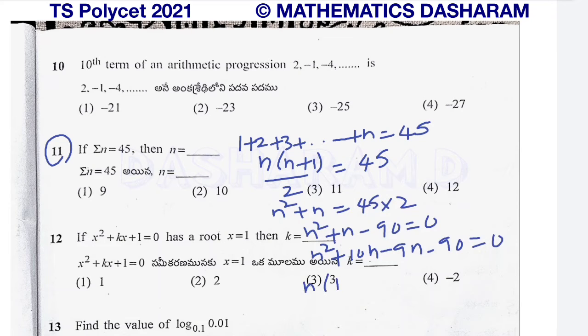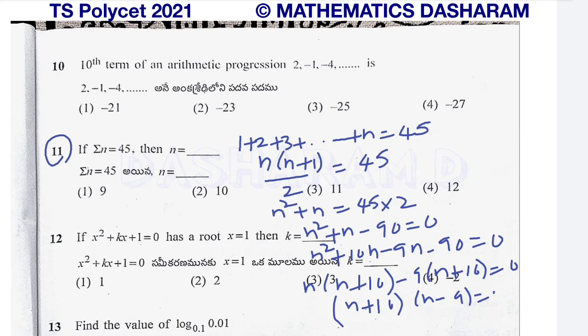Take the n common, n plus 10, minus 9 common, n plus 10. Now n plus 10 is common, so n minus 9 equal to 0. So here n plus 10 equals 0, n minus 9 equal to 0, n equal to minus 10, here n equal to plus 9.